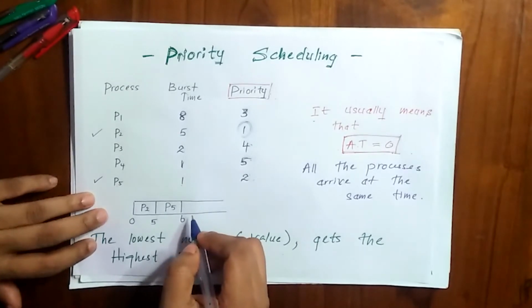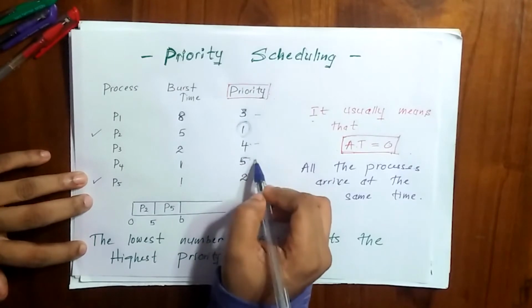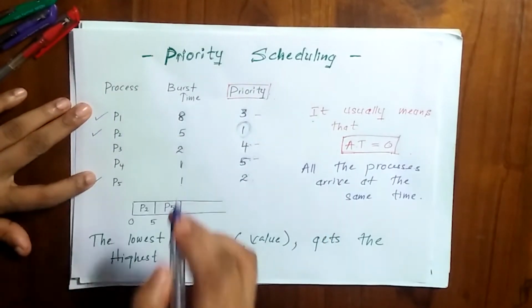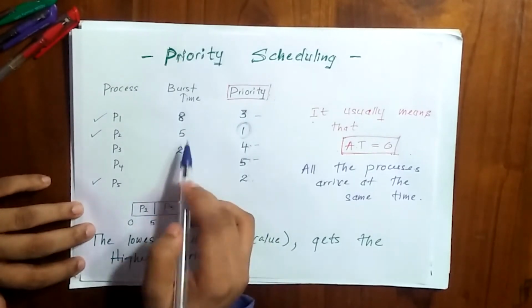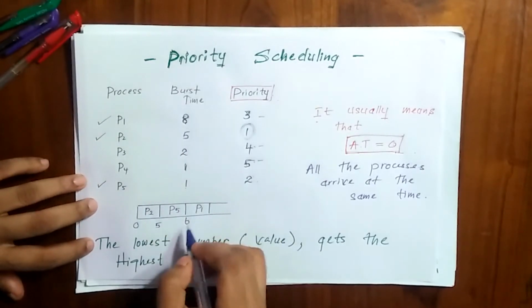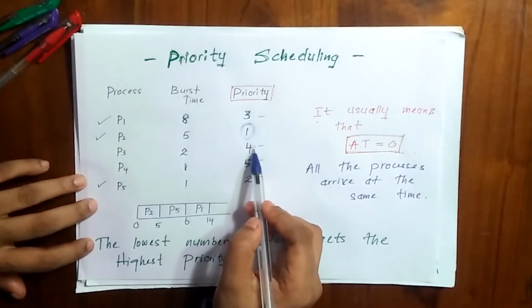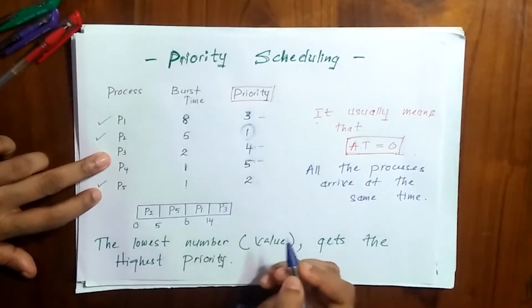So now we are done with P5, and now let's see what is the lowest among these 3. It is 3, that means P1. So now we are done with P1 as well. So the burst time is 8. So now we have to add 8 here. So it is 14, and then it is P3, right?